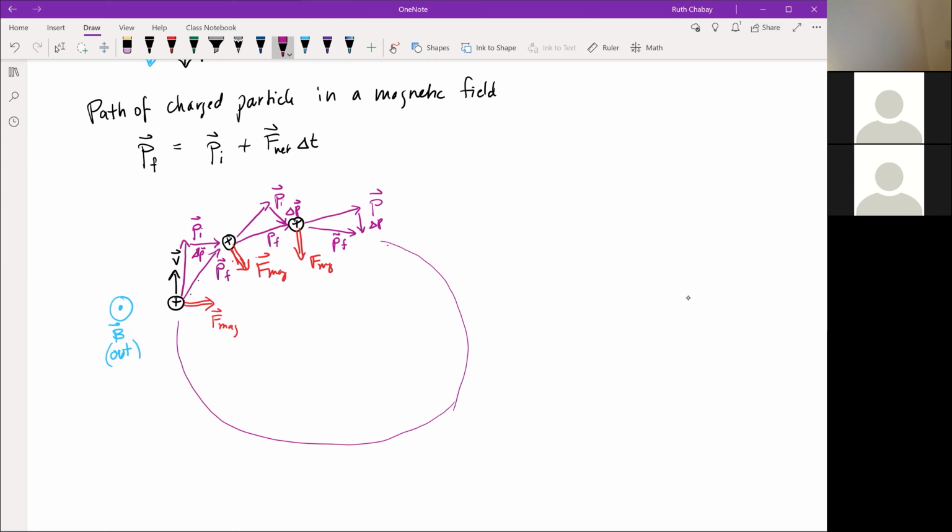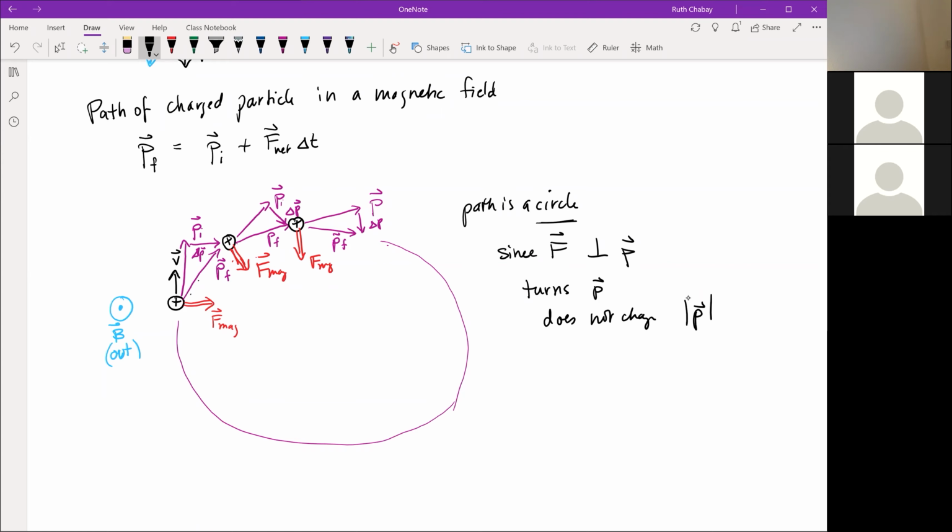Now, why is it an actual circle? Well, since the magnetic force is perpendicular to the momentum, it just turns the momentum, but it doesn't change the magnitude of the momentum.